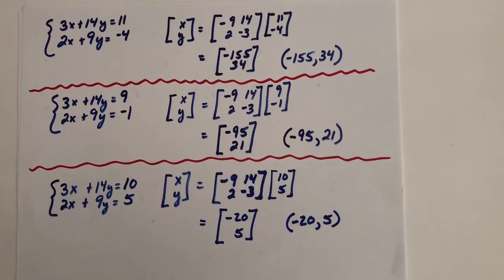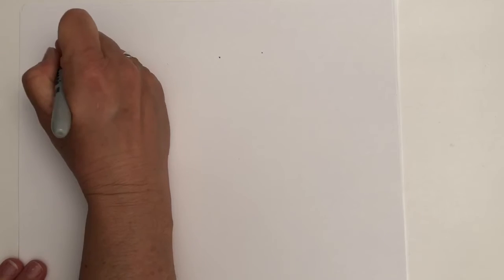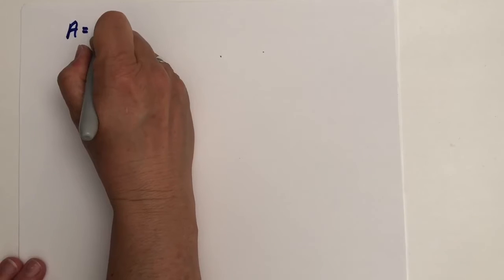Let me mention one more thing about finding the inverse of a matrix. Suppose we have a 2x2 system. There is actually a formula for finding the inverse of a 2x2 matrix. I said system, I meant a matrix.